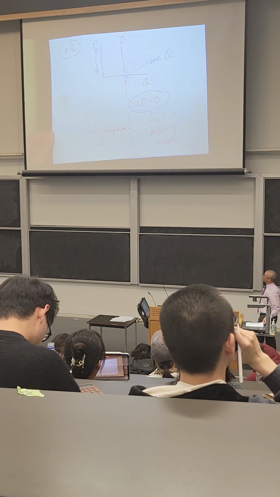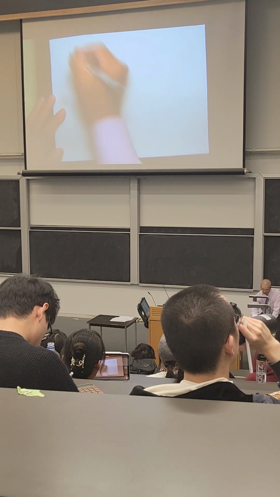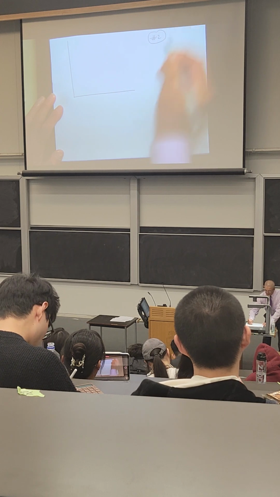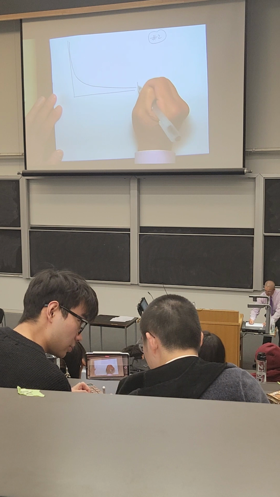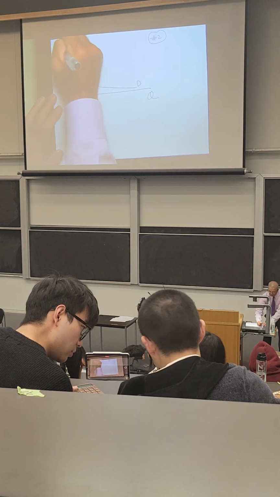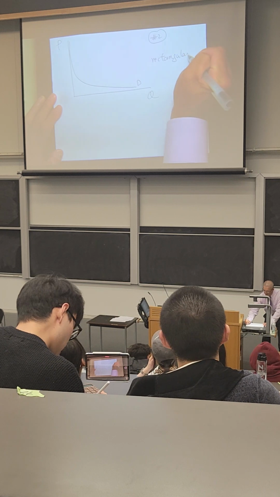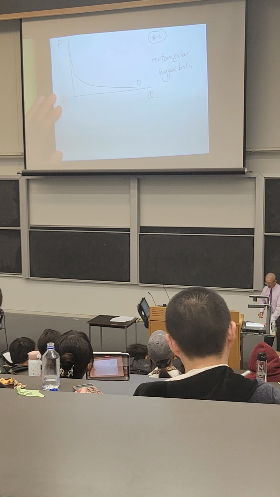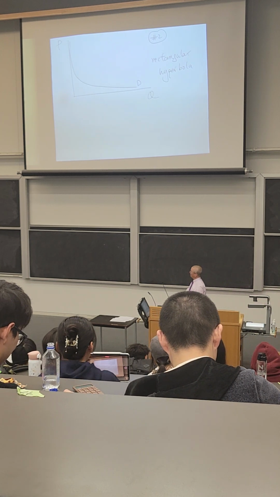The second special case is not a straight line, it's a curve. It looks like this. This curve is called a rectangular hyperbola. So what is the special property of this rectangular hyperbola?